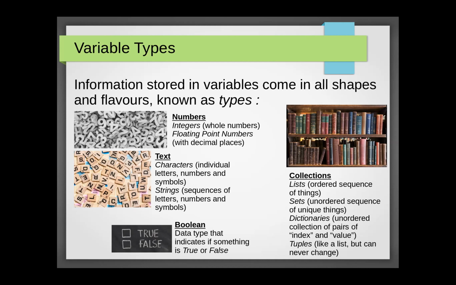It's just a collection of unique values. We can have dictionaries, which are unordered collections of pairs of index and value, so we have a kind of lookup value and then a piece of information associated with that. And we'll go over all of these in the Python tutorial. We can have tuples as well, which are a bit like a list, but they can never change. And again, we'll talk more about that during the Python training.